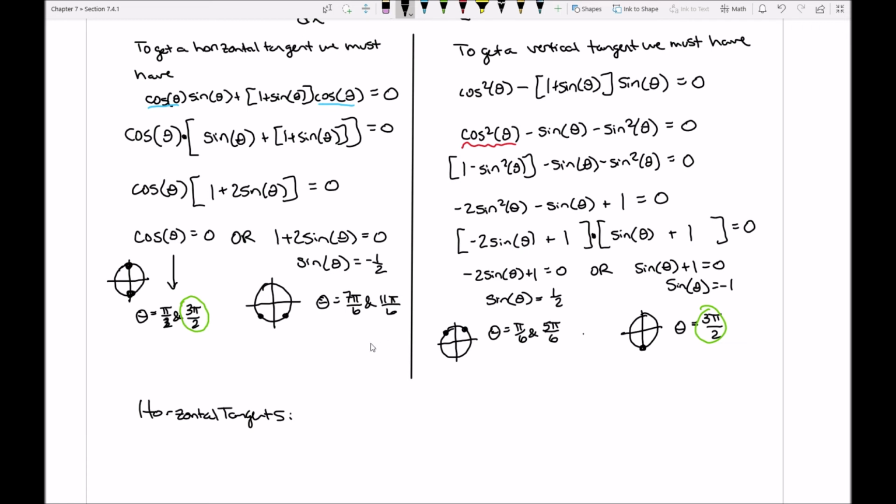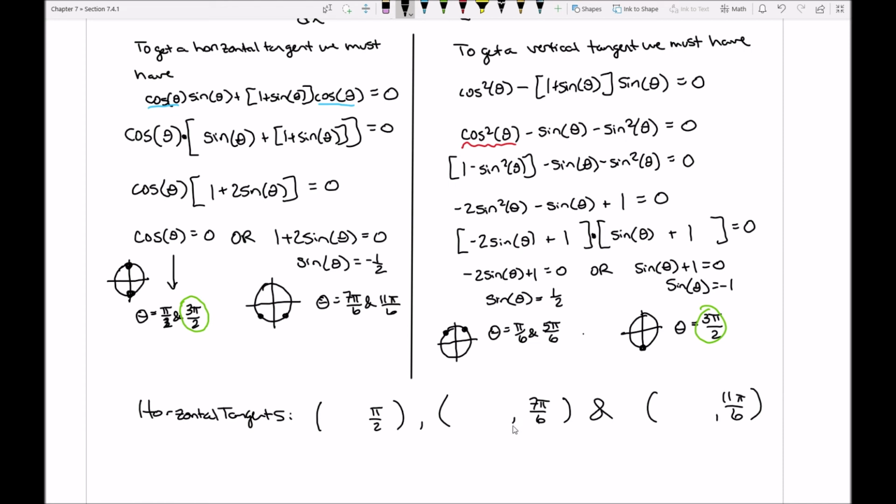What I have right now is that my horizontal tangents are going to be occurring at 3 different points. And so I'll set up these 3 points. And I know the different angle measures. I have an angle measure of pi over 2, 7 pi over 6, and 11 pi over 6.